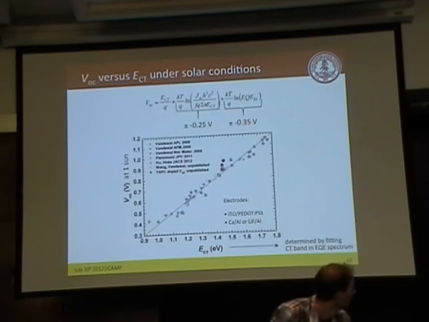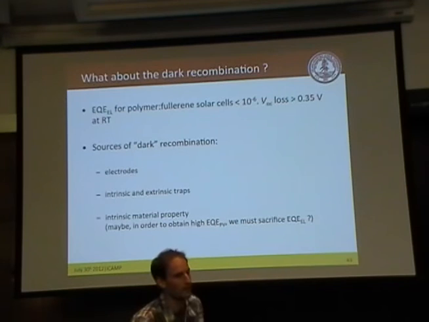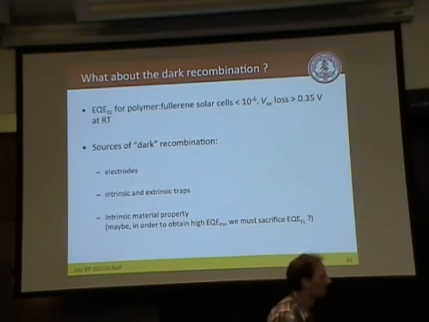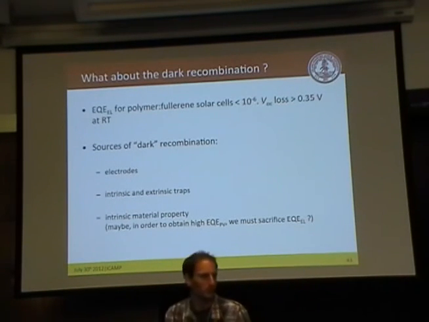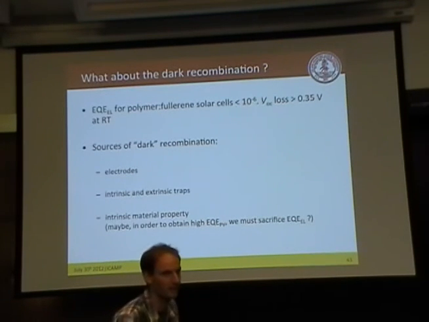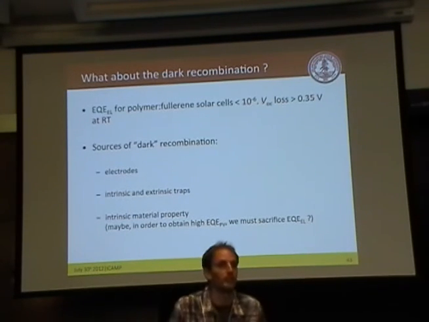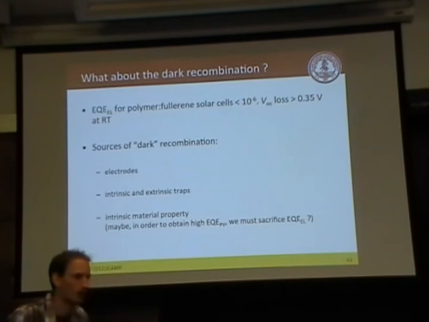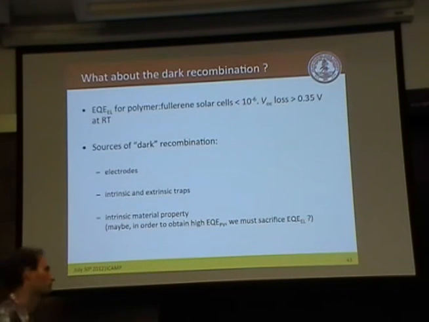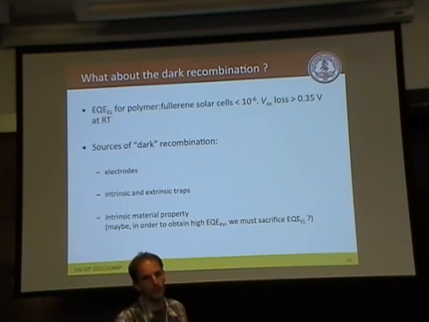So unfortunately, I was going to talk about this dark recombination, but I only have one slide because we don't know anything about it. Maybe as an optical spectroscopist, we look at light coming out, and it's difficult to say something about the dark recombination if you look at light. But it's a fact what we see for all these polymer fullerene solar cells, and also for the co-evaporated ones, the good solar cells. Every time, the quantum efficiency of electroluminescence, and it's all CT emission, is really weak.